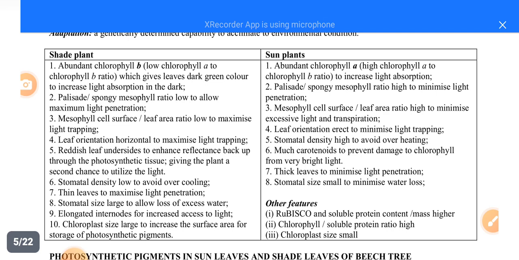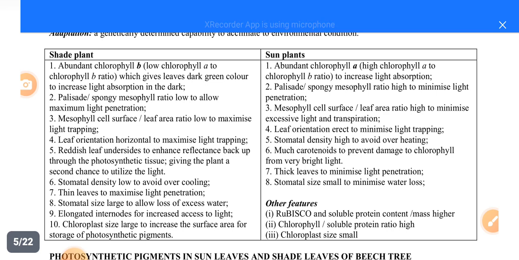These plants which live in the shade environment have stomata which are large in size, and this is to allow loss of excess water. Then we have elongated internodes to increase access to light.